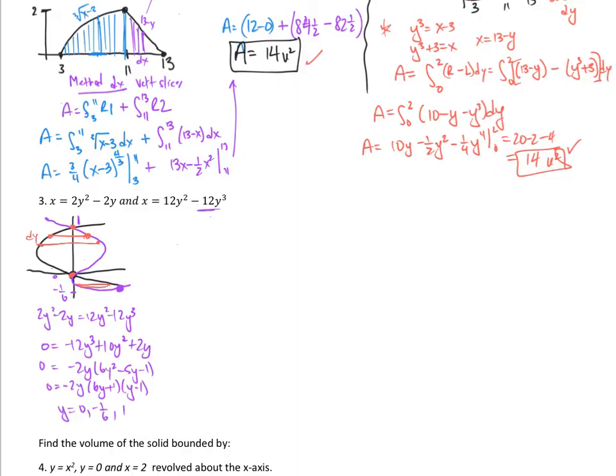Notice how it switches, but those will also be dy's. A lot of times they will just tell you to find the one above the axis. They won't have you find the little sliver down below, but let's just do it because it makes this problem more complex. So the area is going to be this, we'll call this region 1, and we'll call this one region 2 in here.